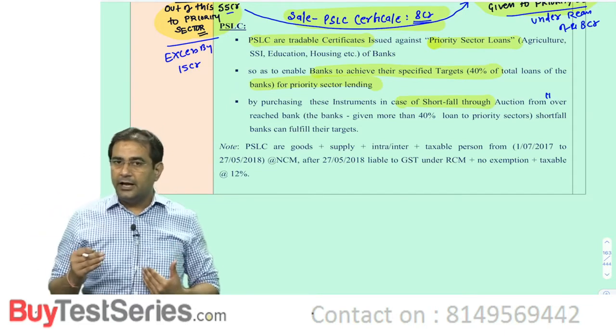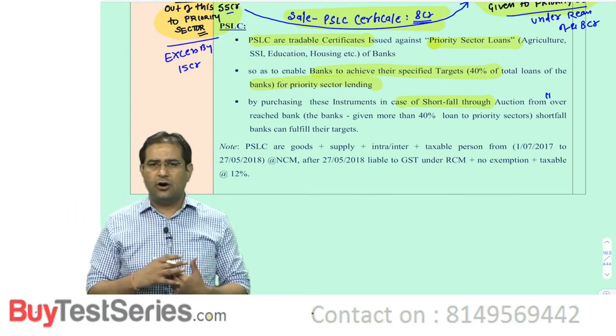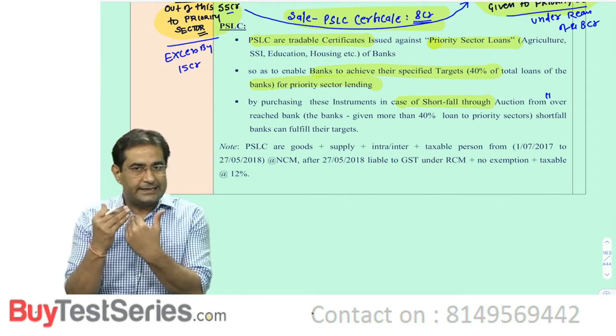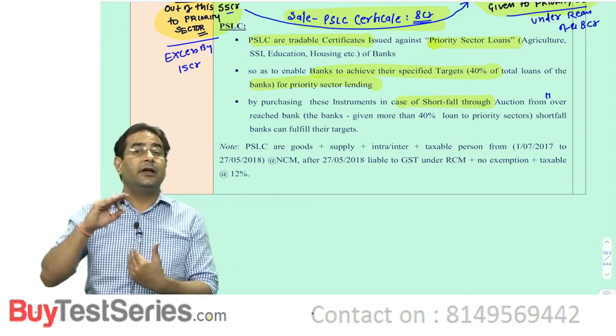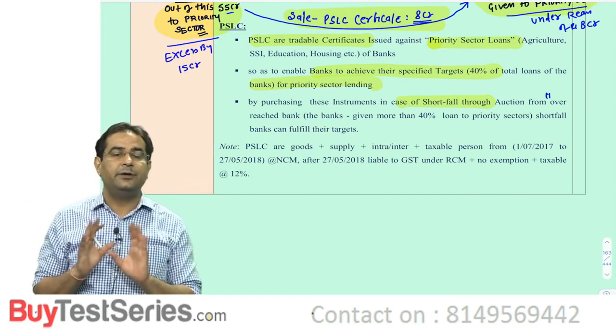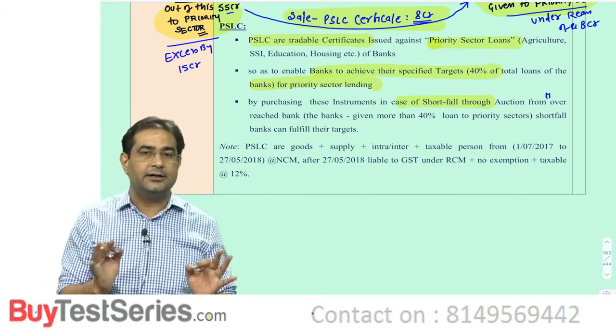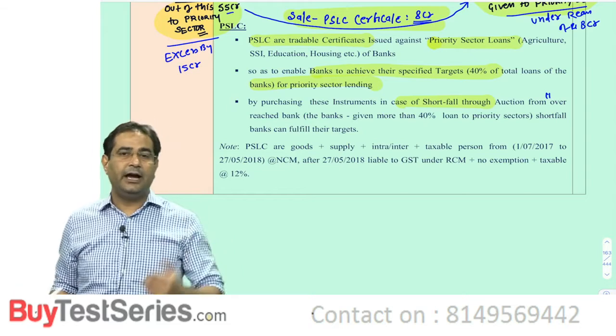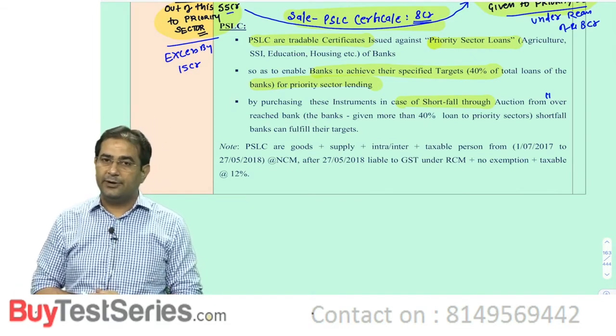So finally, after all discussions and all disputes, weightage was given to the treatment of PSLC certificate prior to the introduction of GST, that is, finally it will be treated as a supply of goods and it will be liable to GST.